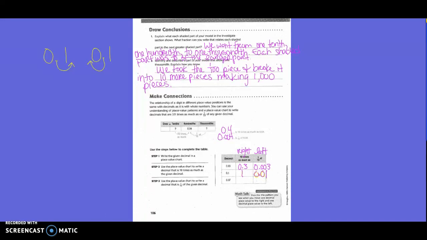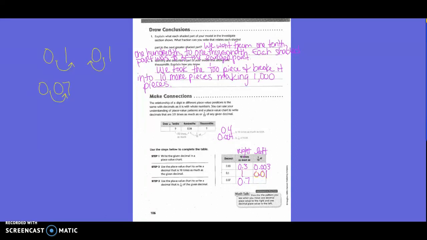Okay, now I want you to write this over here to the side or down below. So if I had 0.07 and we want 10 times as much, I'm going to move it once to the right. And so I'm going to have what for my answer? 0.7.